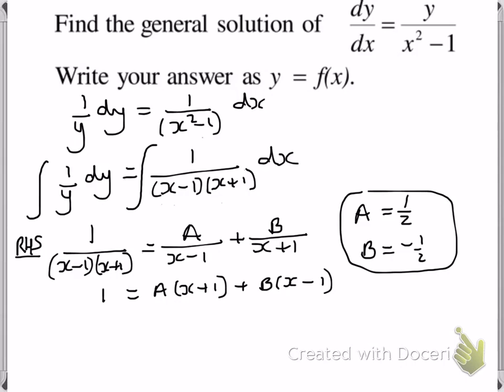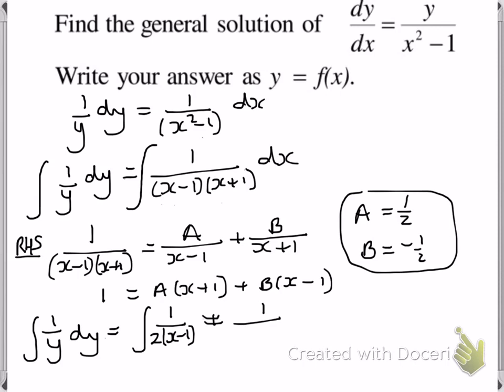So now I can say that the integral of 1 over y dy is equal to the integral of 1 over x minus 1, sorry, that should be a minus because we're going to have minus b, minus 1 over 2 x plus 1.